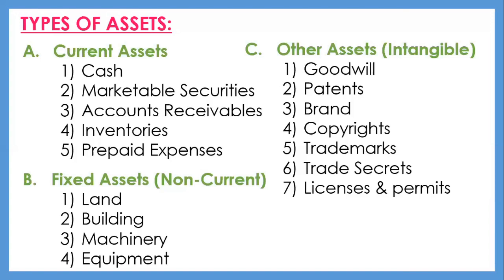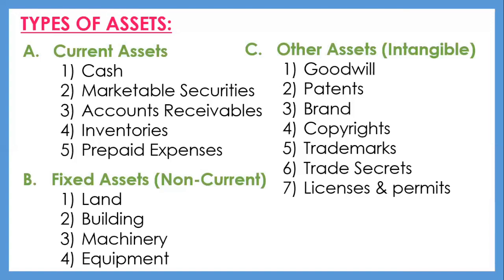And finally, the last type of asset, we have other assets or intangibles. These are the types of assets that are not physical in nature. Examples are goodwill, patents, brands, copyrights, trademarks, trade secrets, licenses, and permits. Again, these are not physical in nature.